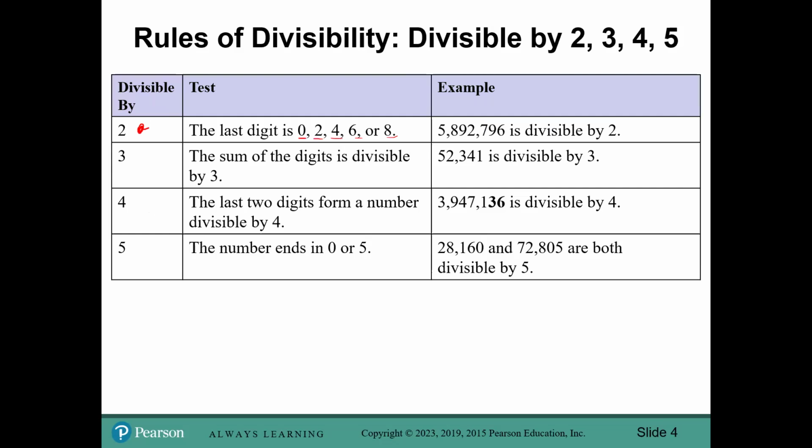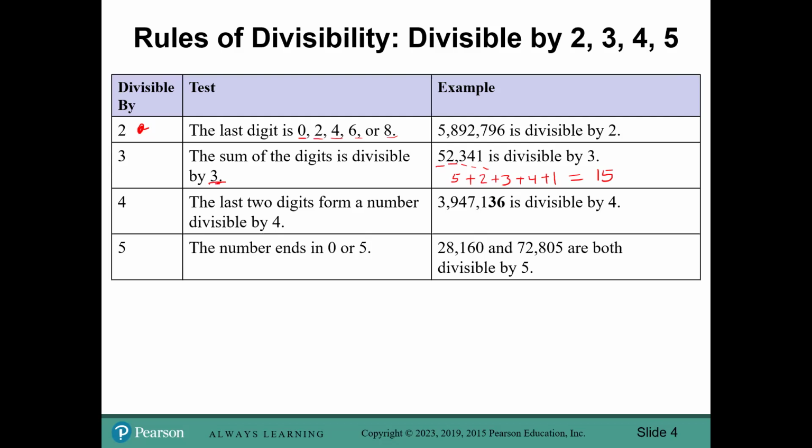3 is a fun one. This works for 3. We'll find one very similar for 9 in a moment. If the sum of the digits in a number is divisible by 3, that number itself is divisible by 3. And so this 52,341 is divisible by 3 because if I take 5 plus 2 plus 3 plus 4 plus 1, I get, well, 5 plus 2 is 7, plus 3 more is 10, plus 4 is 14, plus 1 is 15, and I know 15 is divisible by 3.